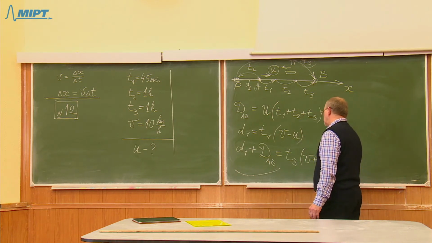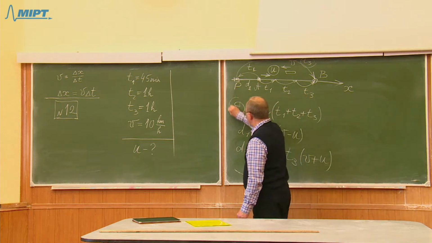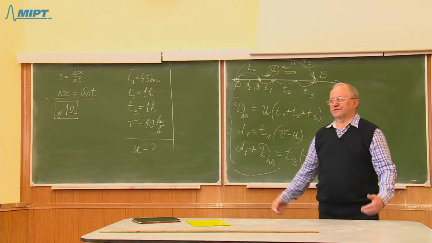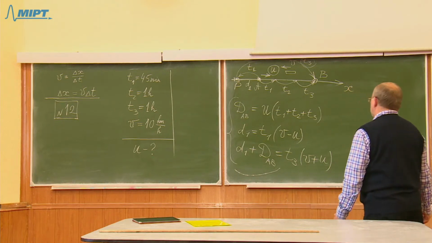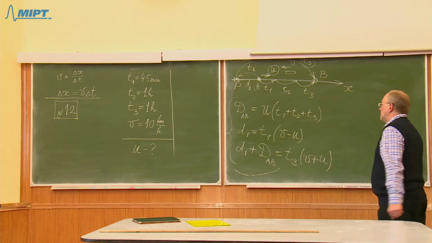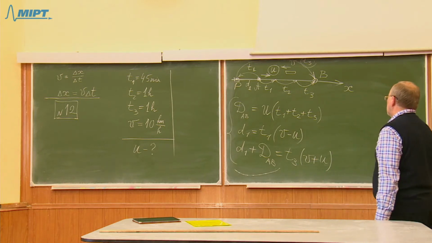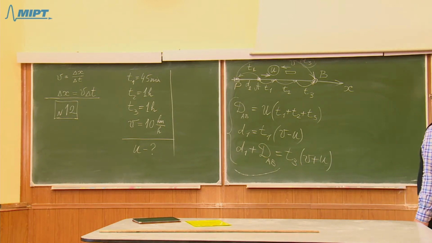The last two processes took place with different velocities. So this system of equations takes into account everything which happens in this problem. And the only thing remaining is to solve this system of equations.